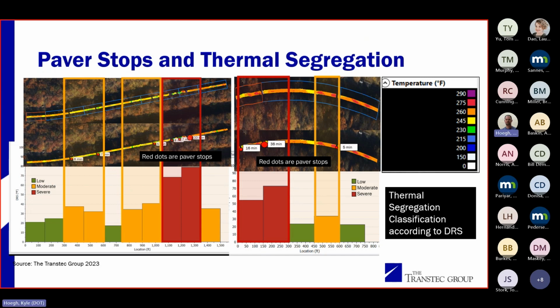So they end up with severe thermal segregation, which we know leads to other issues with smoothness, density, and all the other things associated. If they didn't have this technology, it would have been a lot more difficult to troubleshoot any sort of low density. It's really hard to say what's happening. We don't normally have a record of when the paver stops for a very long time.